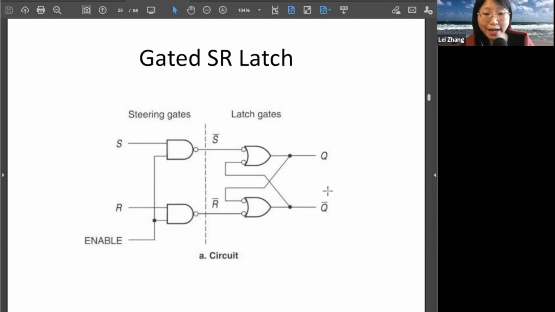On the right side, we have the latch. This is what we call the gated SR latch. For the gated signal, both S and R are enabled by this enable signal. So the whole circuit can be enabled by the additional enable input signal.